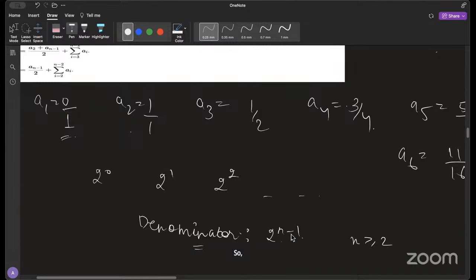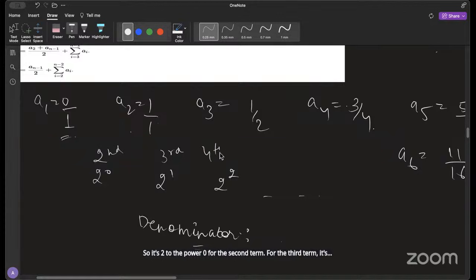So in the denominator, here you have 1. So it's 2 to the power 0 for the second term. For the third term, it's n minus 2. So it should be 2 to the power n minus 2, for n greater than or equal to 2.